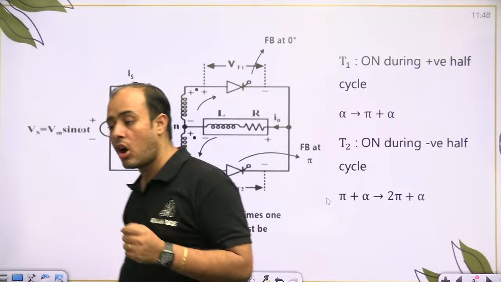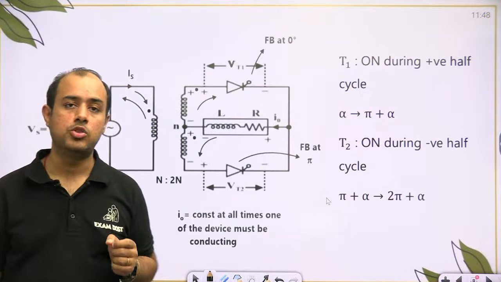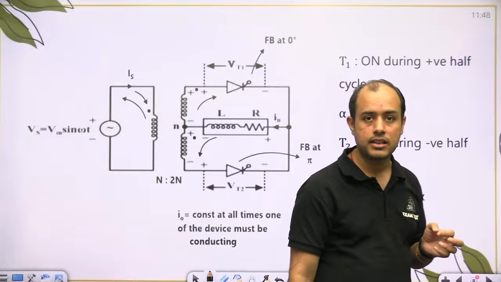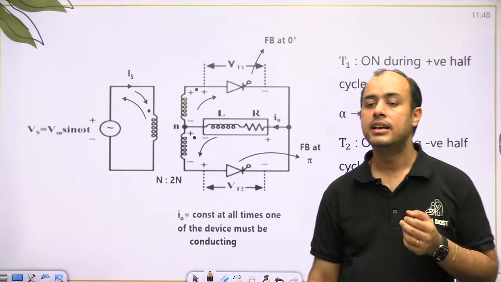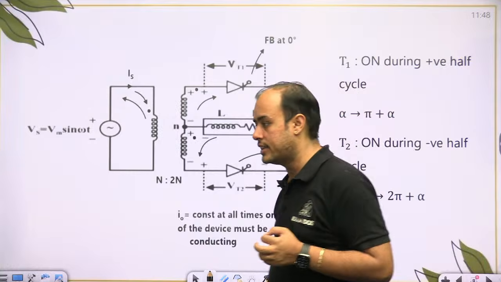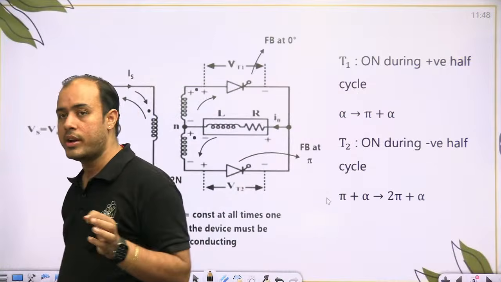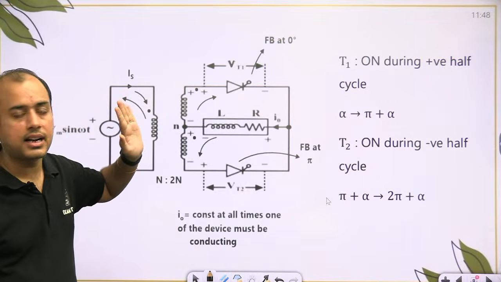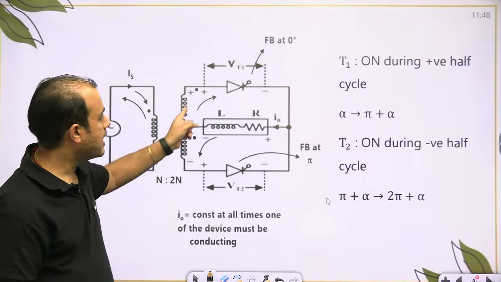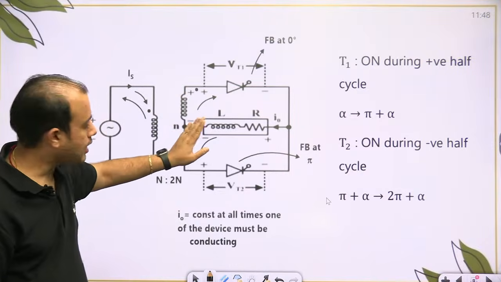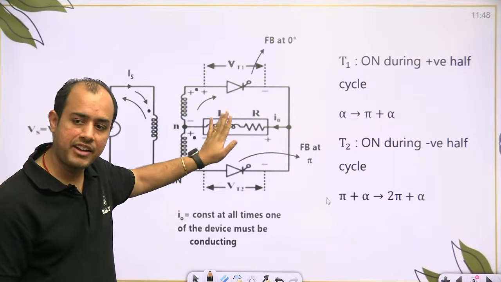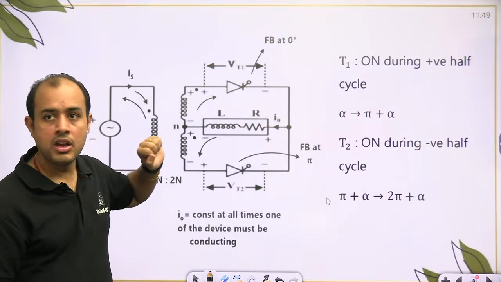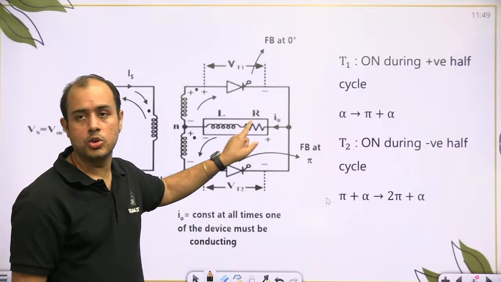So at each value of t, there should be a path present for the flow of current. t का आप कोई भी वैल्यू उठा के देख लीजिए, करंट फ्लो का कोई ना कोई रास्ता होना चाहिए. Now in this circuit beta, current can flow via two paths. This is my load RL load having a large inductance, current can flow either in the upper loop or in the lower loop.